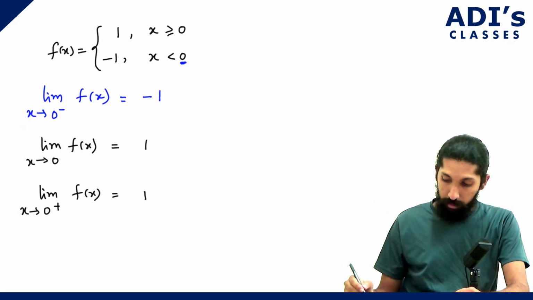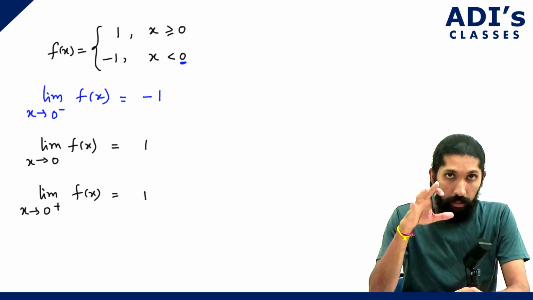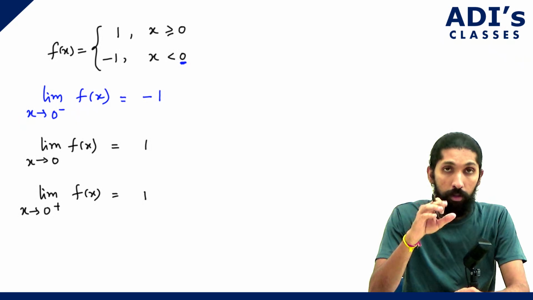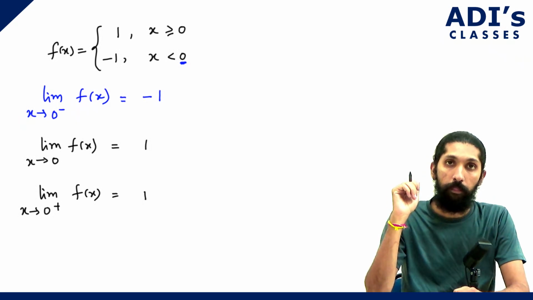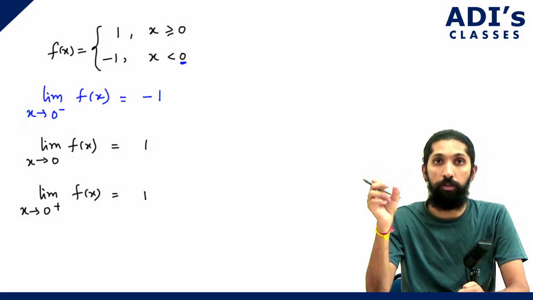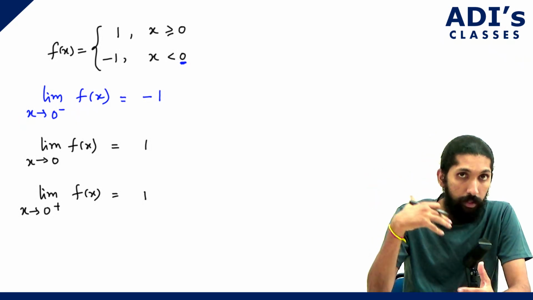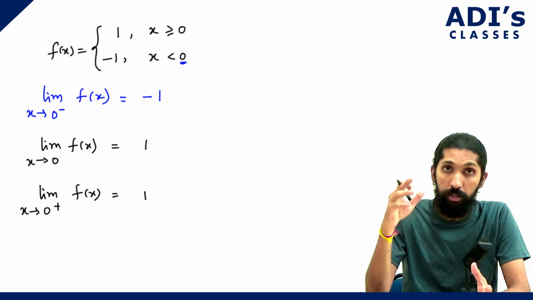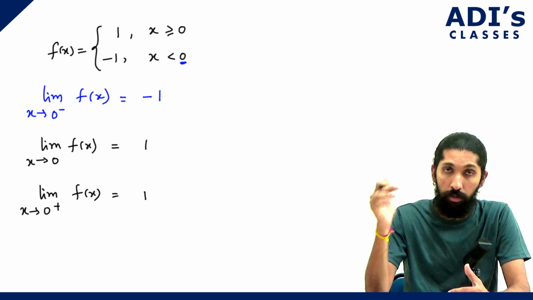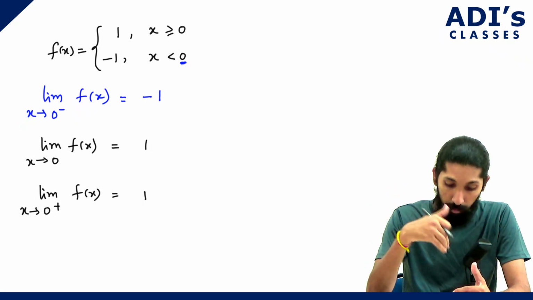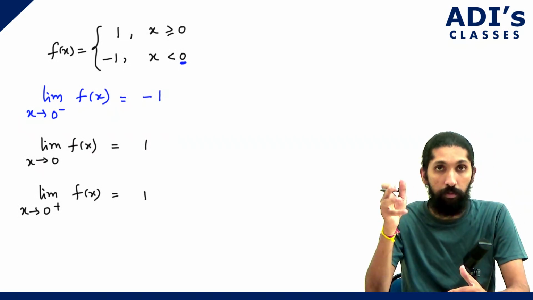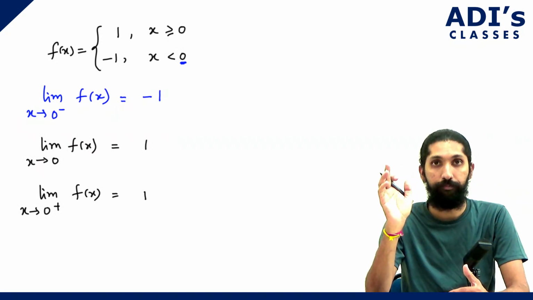So now what do you see here? The left hand limit, the right hand limit, and the value at that point, all three are not the same, correct? That means it is not continuous at x is equal to 0. Understood? Now, when we talk about the range, or you can say the domain, in which the function is going to be continuous or not, generally you're going to have functions like these, either less than 0, greater than 0, or whatever values you can have.